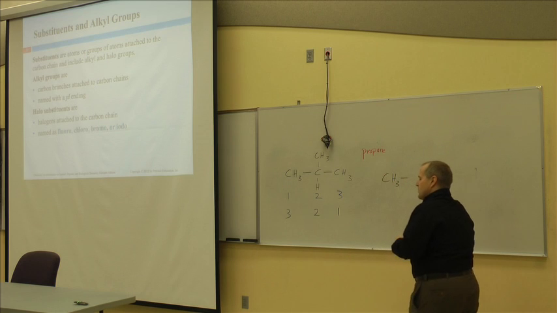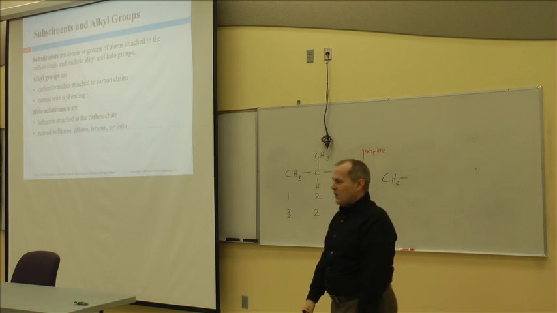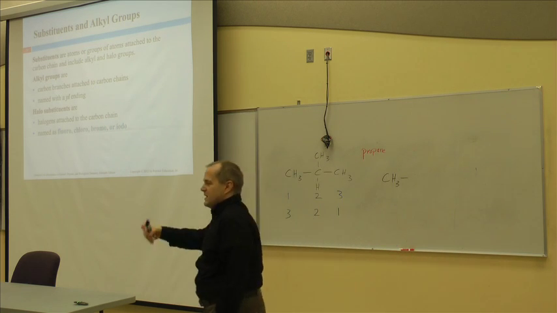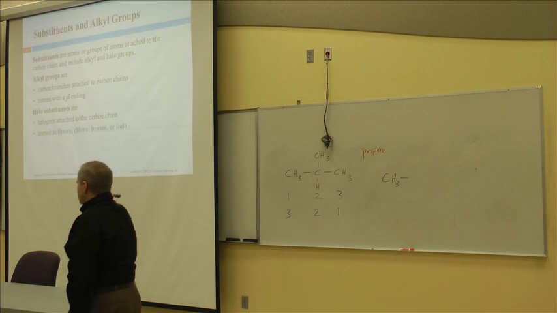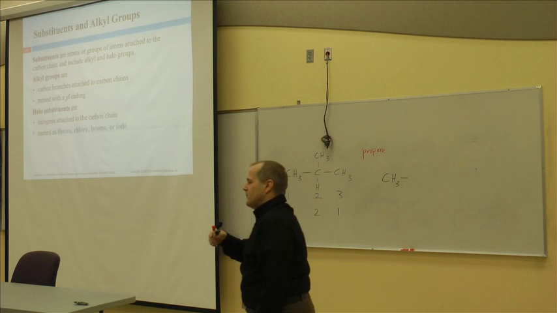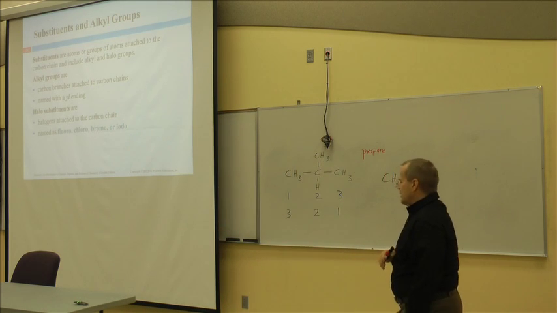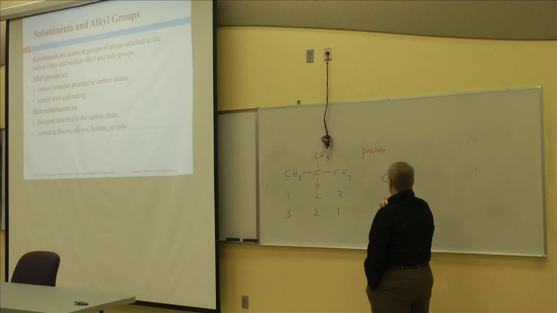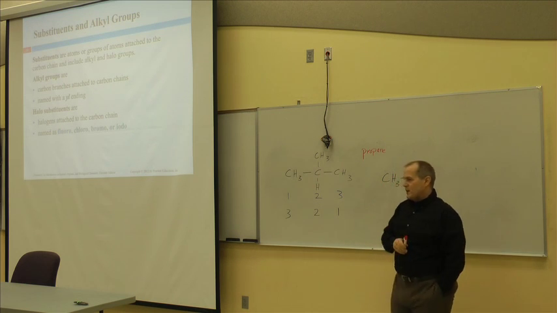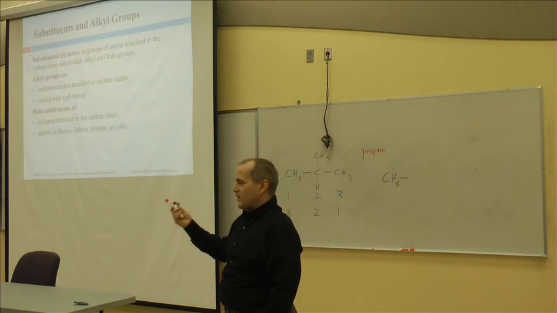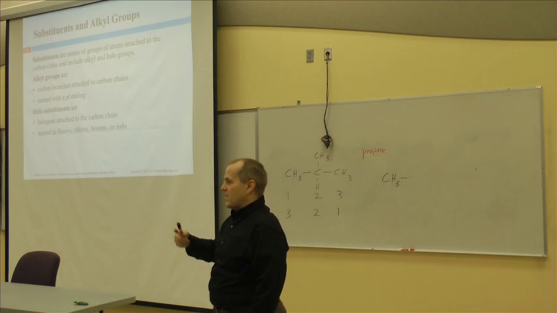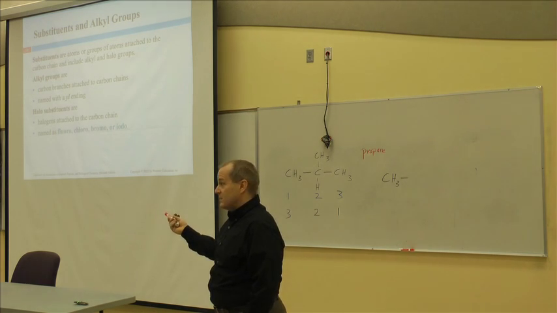Now, that's a little bit of a problem. What are we going to call that thing? We've got to give it a name. We've got to tell the reader what's hanging off of that carbon, and it's CH3. Well, what you do is very simple. You look at the number of carbons, and you say that's one carbon, right? What's a one carbon alkane?